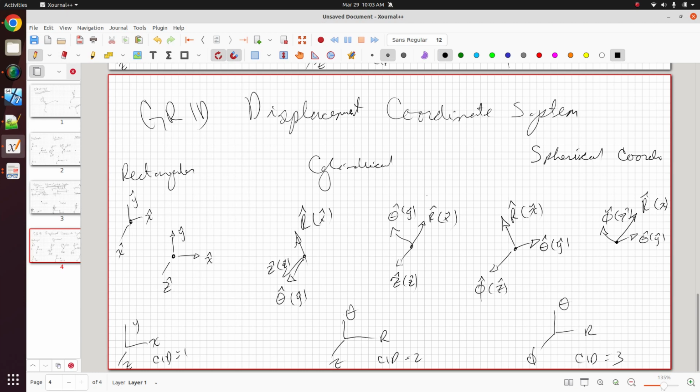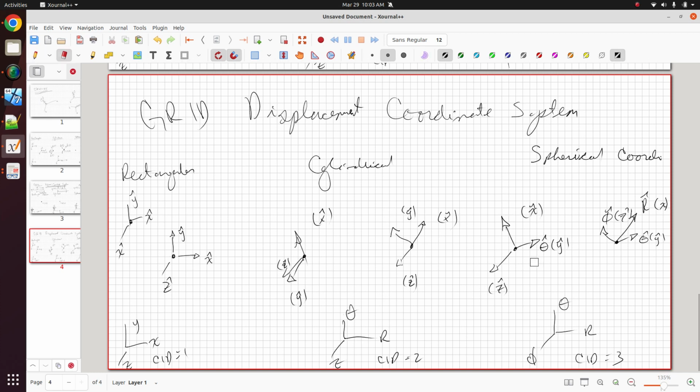Okay, now when you define the displacement coordinate system, you're talking about these individual unit vectors. So let's go ahead and do this. Each of these unit vectors, and I'm going to be removing some of the labels here just to clean up the screen.